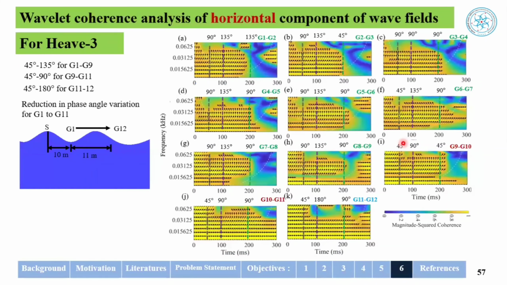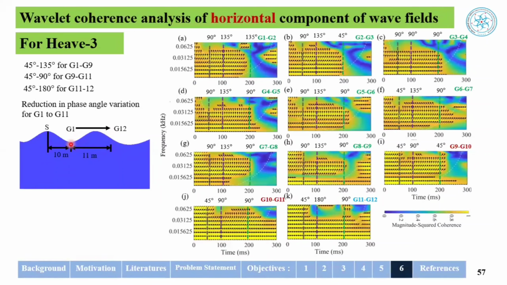In the wavelet coherence analysis, we saw significant variation, because in heap 3 the positioning of the geophones varies. For this geophone, different phases are observed; for this one, different phases are observed; for this location, the phases are significantly different. This is observed in the horizontal component of the wave field as well as the vertical.